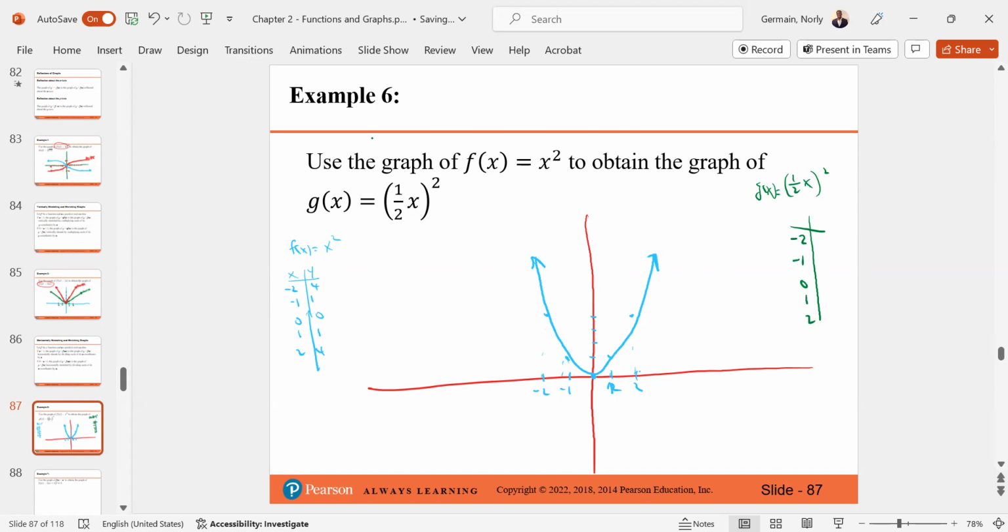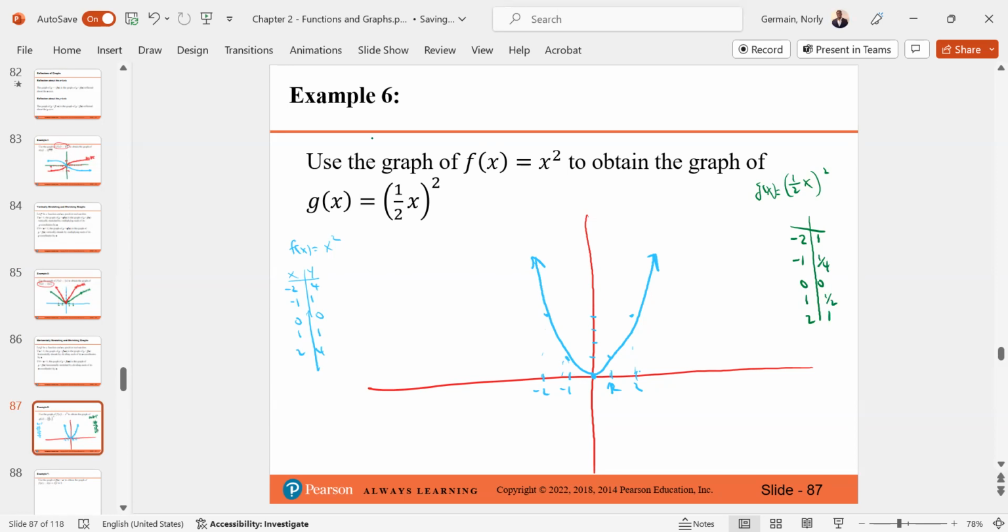If x is -2, then -2 squared is 4, and half of that gives 2. -1 gives you 1/2, 0 gives us 0, 1 gives us 1/2, and 2 gives us 2.